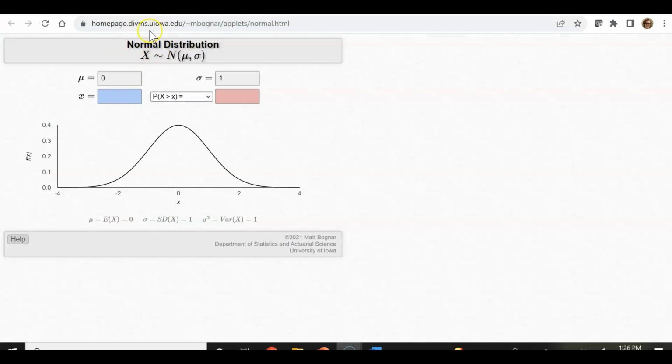I'm using this free online University of Iowa app for the normal distribution, and my value was 2.02. What is the probability of getting such a value or greater? It's actually 0.02169, which is more than 2%.